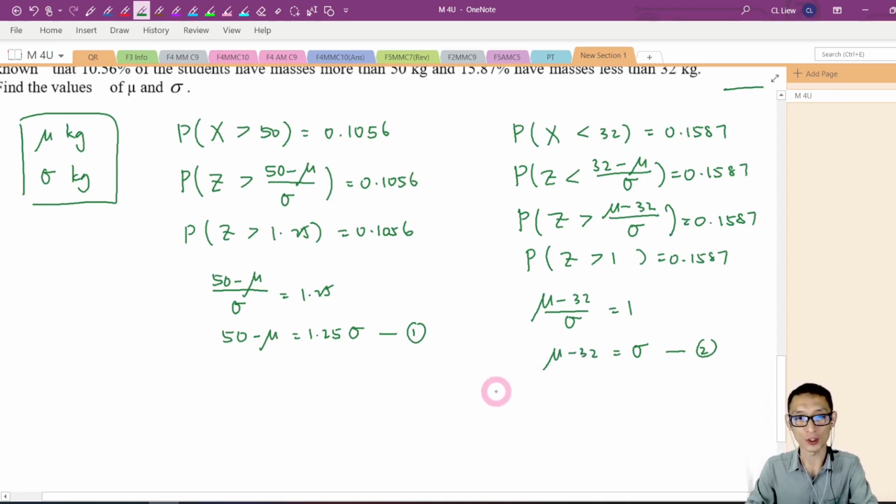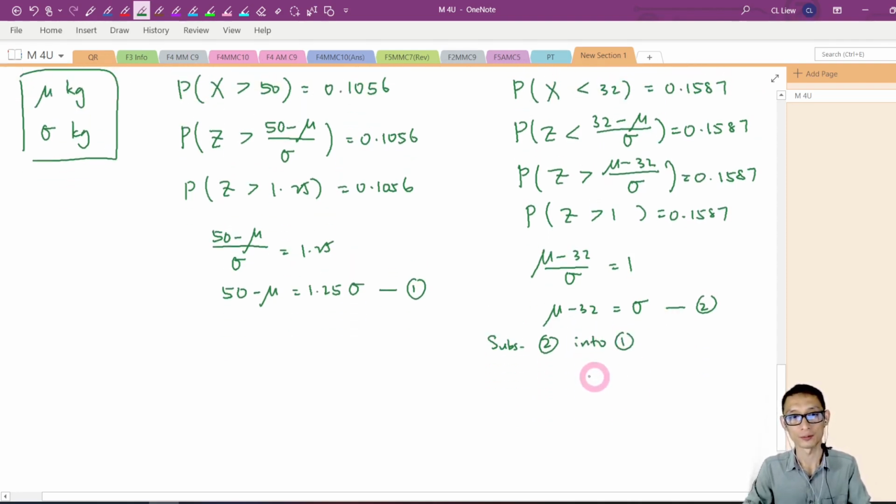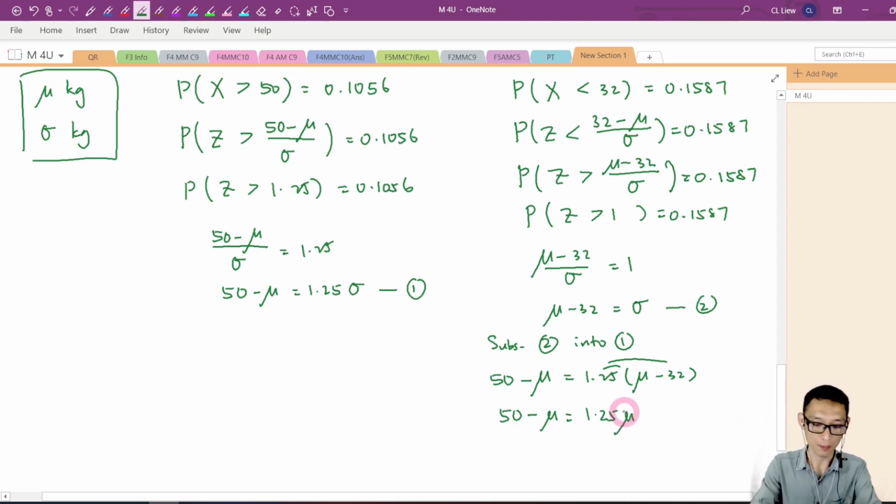So what I'm going to do is substitute the second equation into the first equation. 50 minus mean is equal to 1.25 times the standard deviation, which is equal to this. Do some expansion over here. 1.25, just press your calculator, times 32, 40.